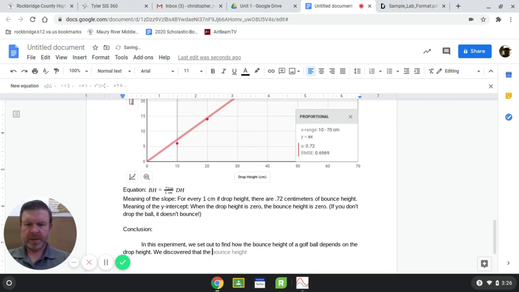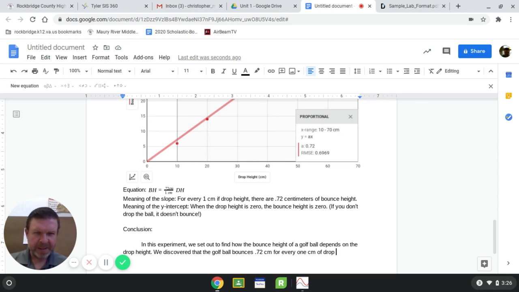We discovered that the golf ball bounces 0.72 centimeters for every 1 centimeter of drop height.